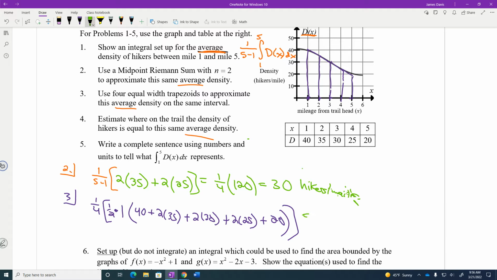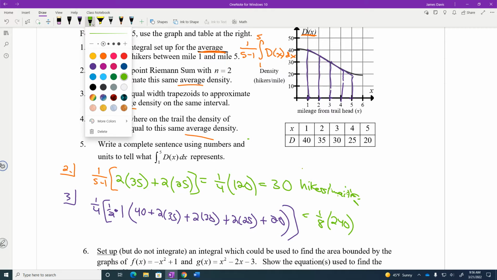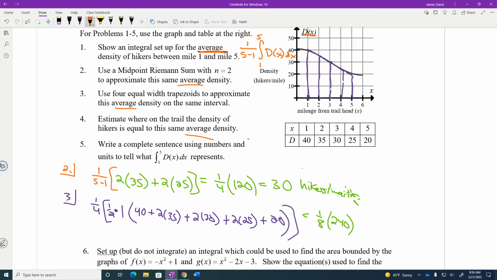And then I would write this just as 1/8 out front. And then we've got 40 and 70 is 110, plus 60 is 170, plus 50 is 240, plus 30 is 240. One eighth of 240.